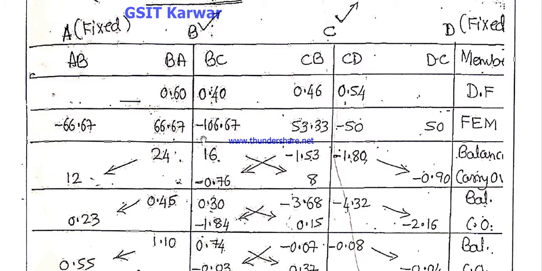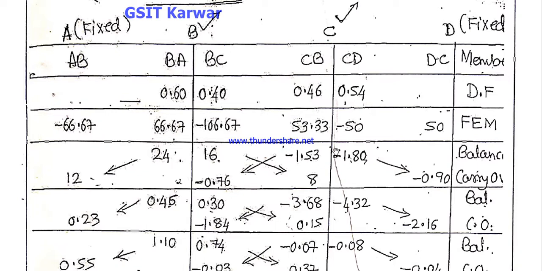It is correct, no? Use your calculator and check. You are getting 16. This is the balance. Using the fixed end moment and the distribution factor, we balance the moments. So these are the balanced values, 24 and 16. I hope you got these answers from the steps I explained.